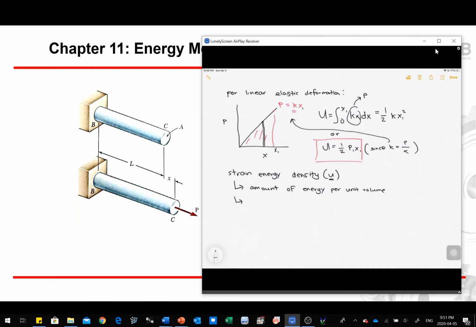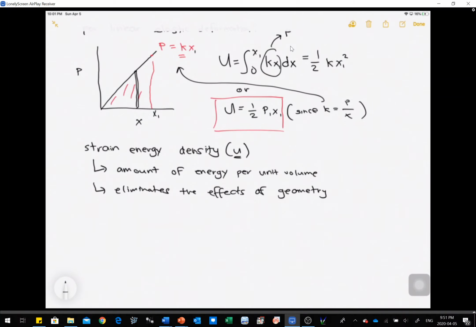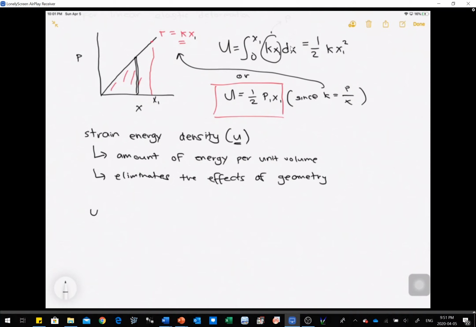Now, this strain energy density eliminates the effects of geometry. So how can we write the equation for strain energy density? Again, it's small u, with one underline, equal to big U, which is your strain energy, divided by your volume.